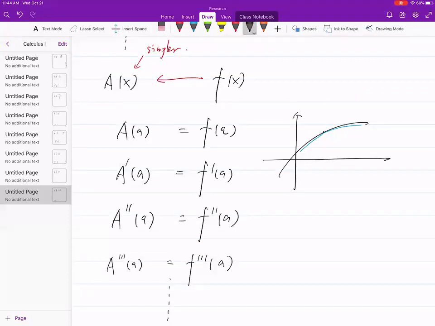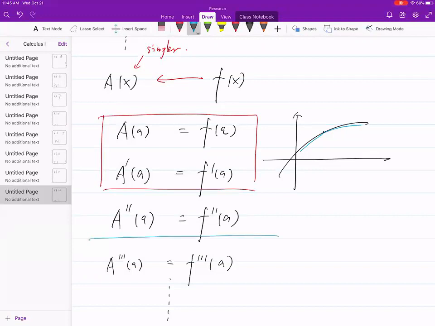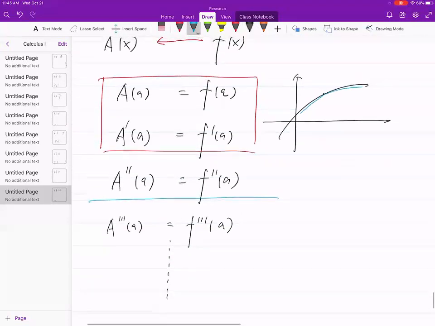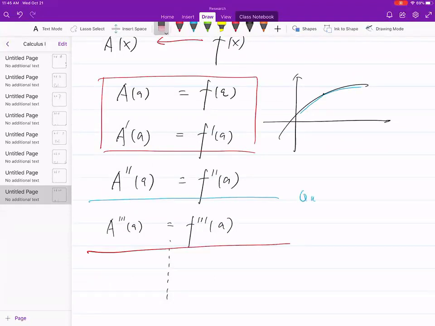For linear, you only retain these two pieces of information. You can do nothing beyond, including the second derivative. For quadratic, you can include everything up to here, but not beyond. For cubic, you can include everything up to here, but not beyond. So can you see that the bigger the degree, the more information you retain?